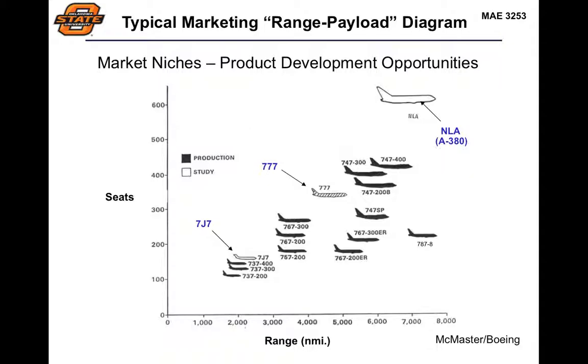Now, they were also using this to make this determination of what should be their aircraft post 777. So they could look at what they were calling the next generation large aircraft, the NLA, way out here, much more seat capability than the 747, or making what was being called the 7J7, an advanced version of the 737. Now, what they actually decided to do is punt on this.